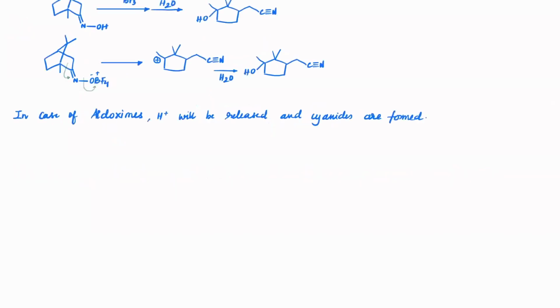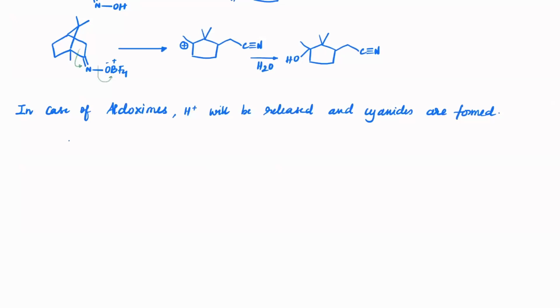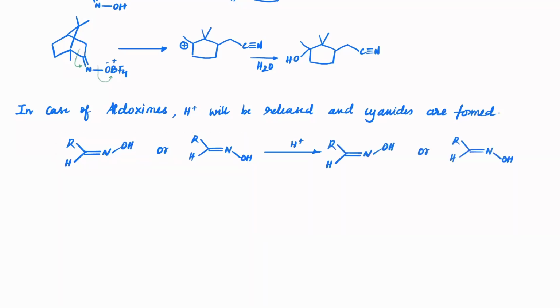How is that? See, if you have R, H, double bond N with OH, or even if you have R, H, double bond N, OH the other way, it doesn't matter whether it is anti to hydrogen or syn to hydrogen. In both cases, first the protonation will take place.